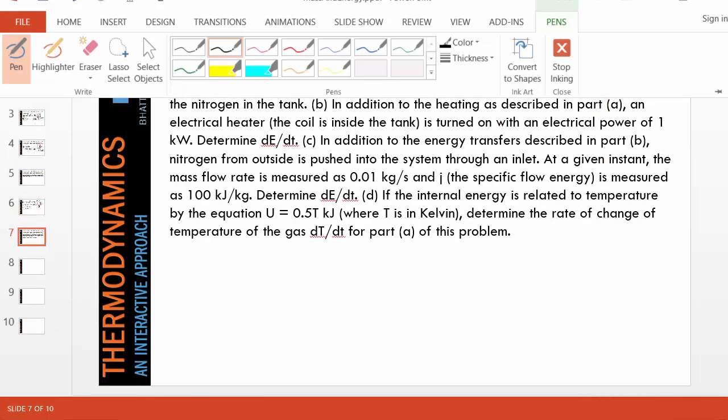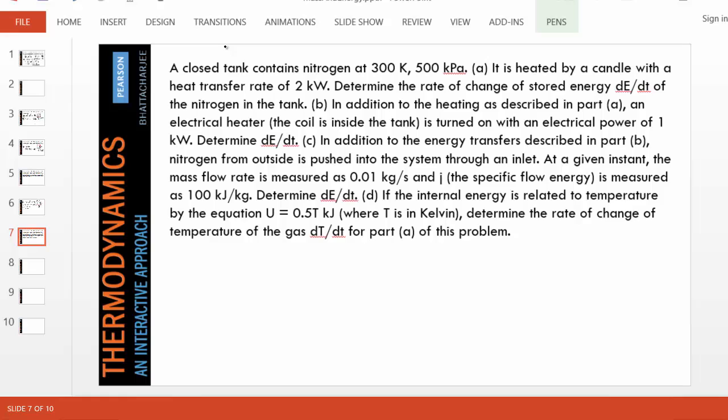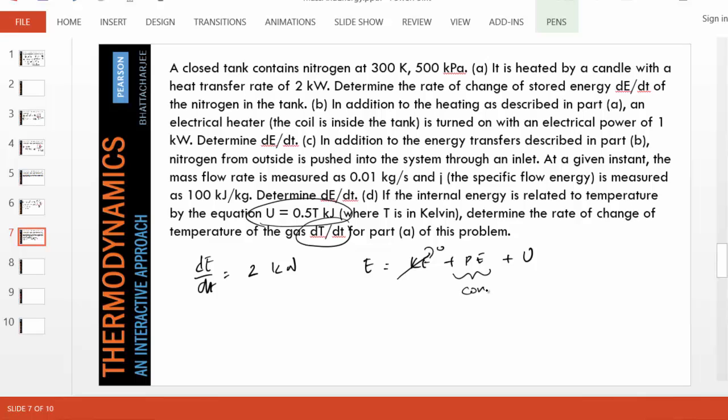Okay, so in this part, we are asked to find how, given that U is connected with temperature and the functional relationship is given, the temperature changes with time. For part A of this problem, we showed that the EDT is 2 kilowatt. And what is E? It is KE plus PE plus U. We know KE equals 0, the tank is not moving, and PE must be a constant.